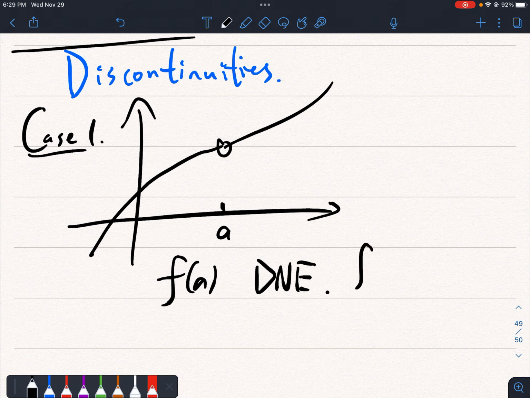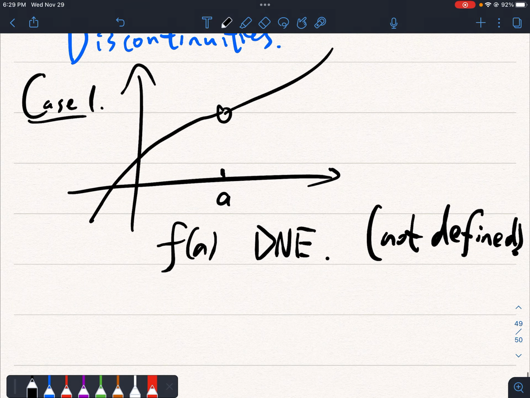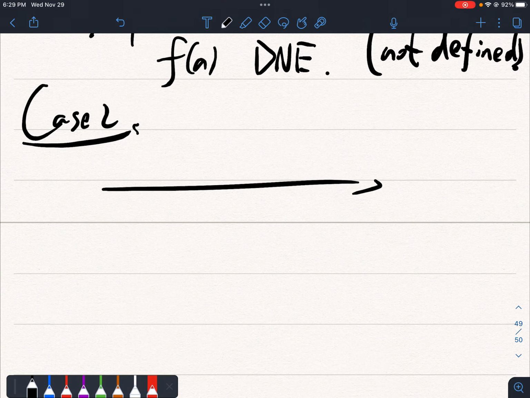So if f of a does not exist, or it means that f of a is not defined, then it cannot be continuous, because if it's continuous, then the value must exist and be equal to the limit. Okay, so the first case is when the value does not exist.